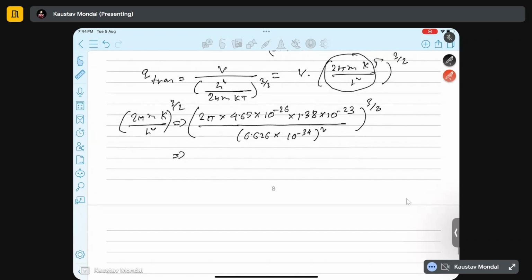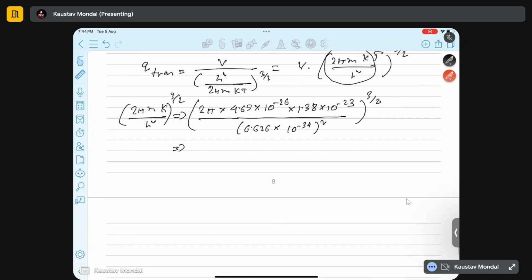Now if you calculate all this, 2 into pi into 4.65 into 10 to the power minus 26 into 1.38 into 10 to the power minus 23, this gives you 4.03 into 10 to the power minus 48.